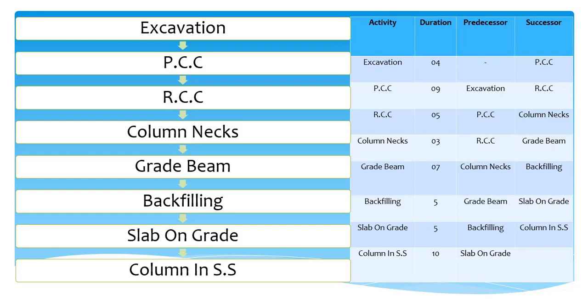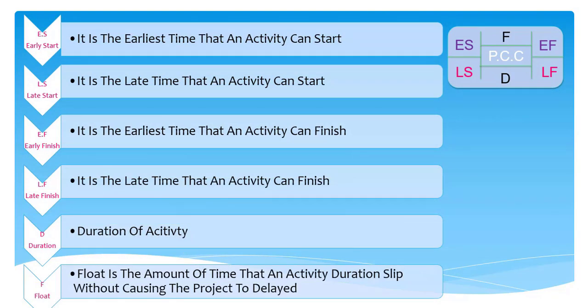Okay. Now during planning phase, experienced planners used to define early start, late start, early finish, late finish, float, and the duration of each activity. Now let's look at what is an early start, early finish, late finish, float, and the duration. Here I have just explained. Early start is the earliest time that an activity can start, earliest possible time.